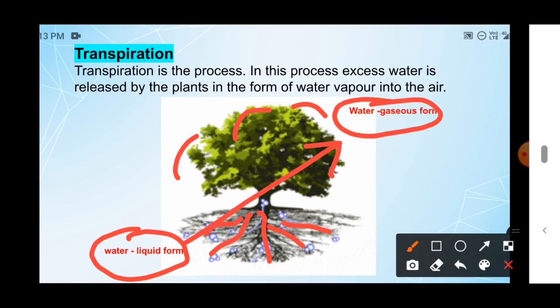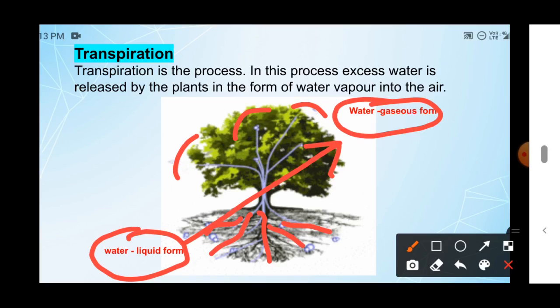Okay. So we know that plants absorb water by their roots. Some of the water is used to prepare food, and the remaining water is excess. This excess water is released from the plant by the transpiration process.